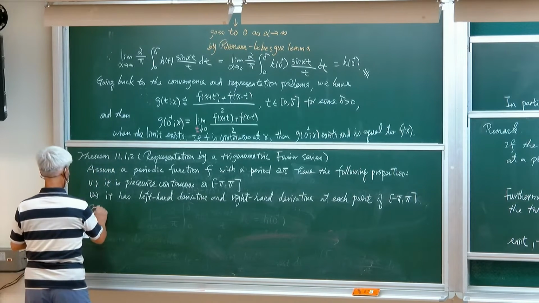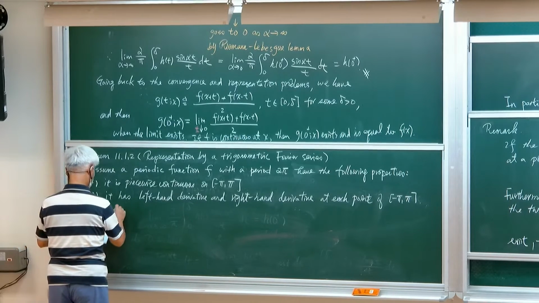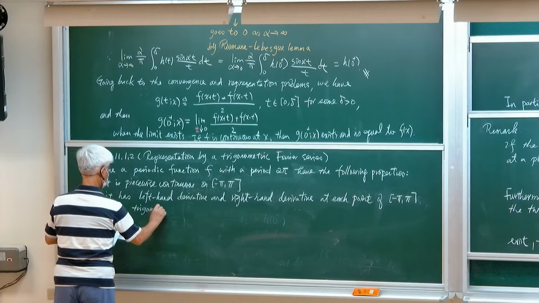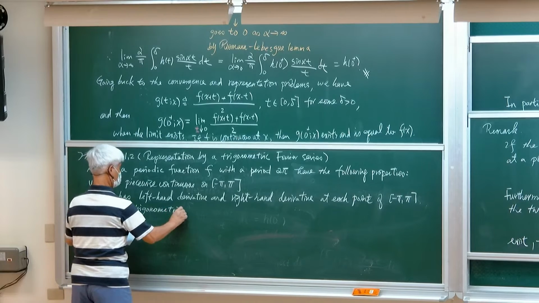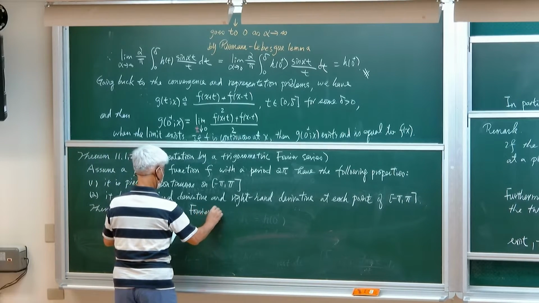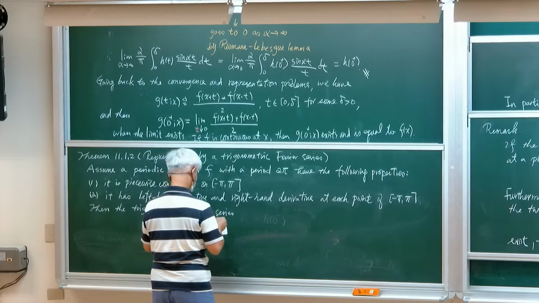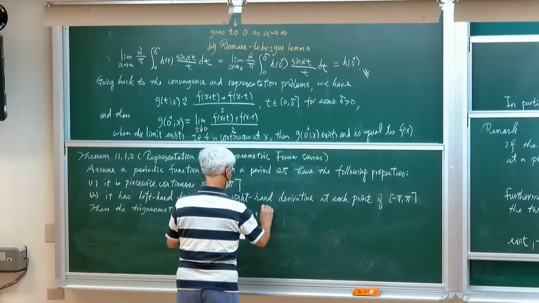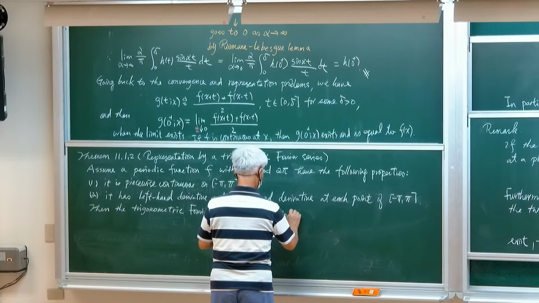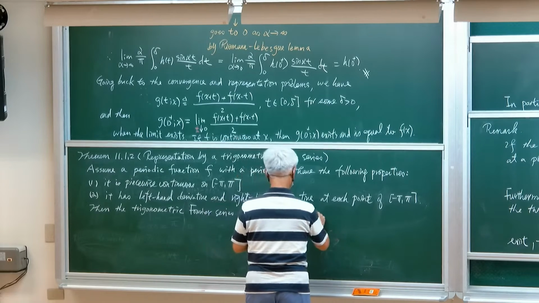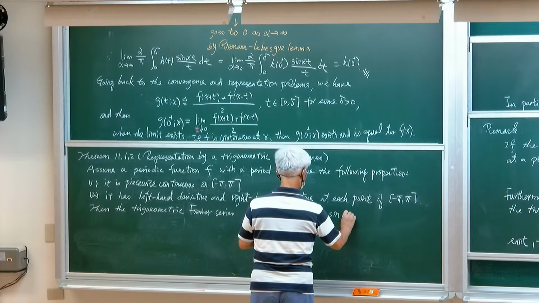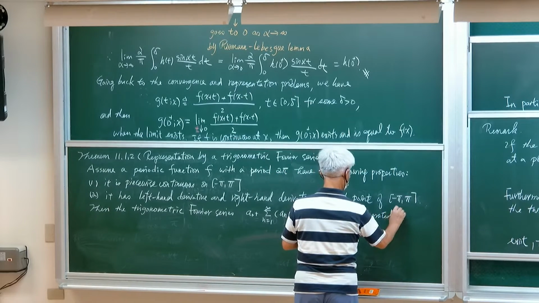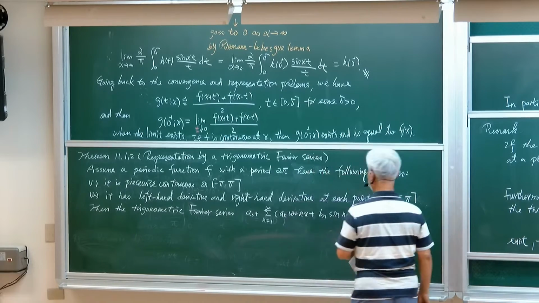All right, so then the trigonometric Fourier series, A0 plus summation n equal to 1 to infinity of an cosine nx plus bn sine nx, generated by f.